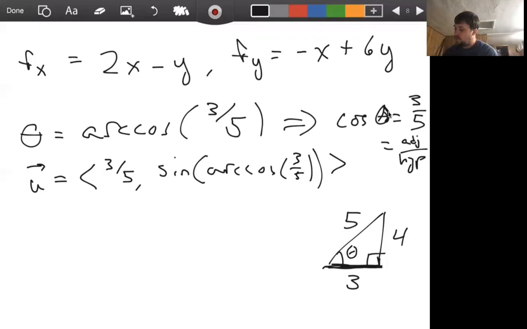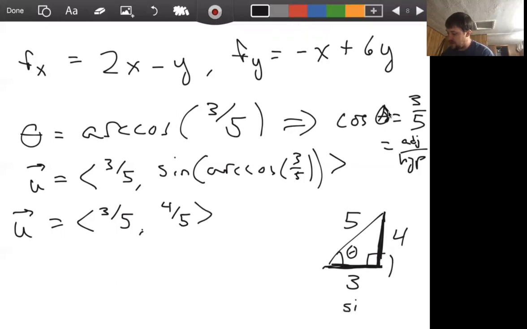And so what we have then is that sine of theta is 4/5, right? Because sine of theta is opposite over hypotenuse. So we get that u is 3/5, 4/5.